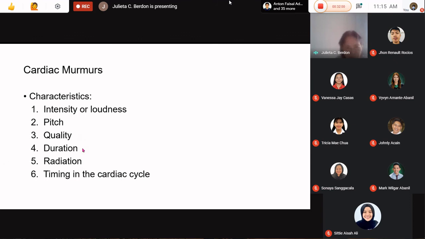Then the duration, whether long or short; duration somehow helps with timing.